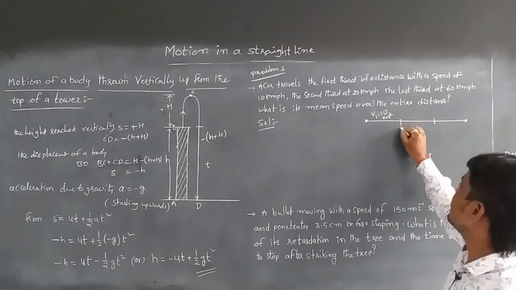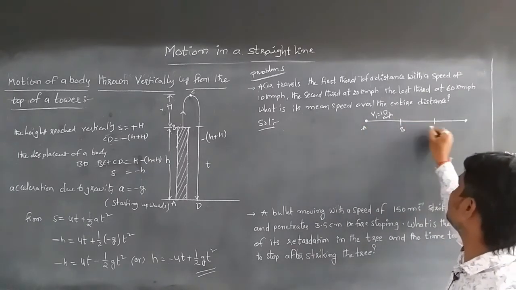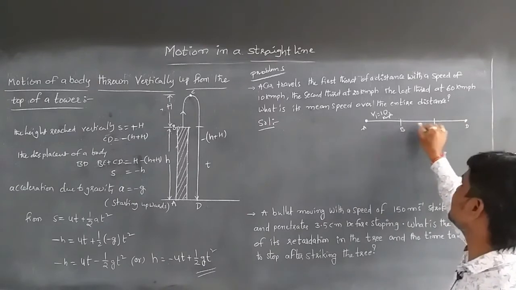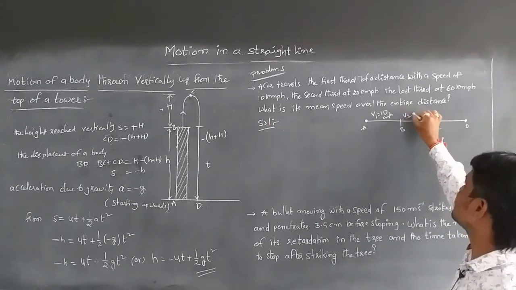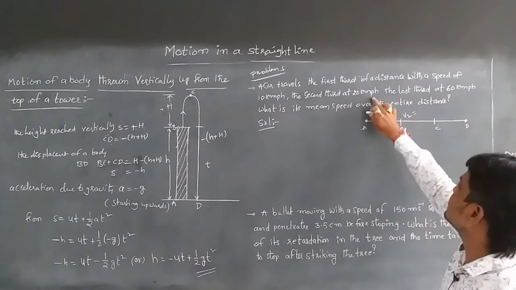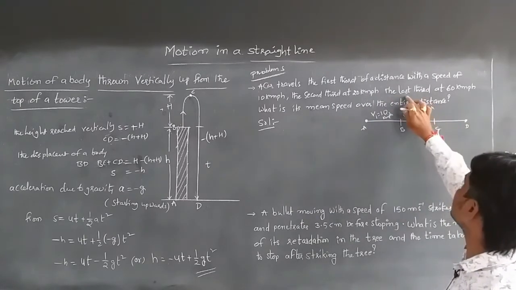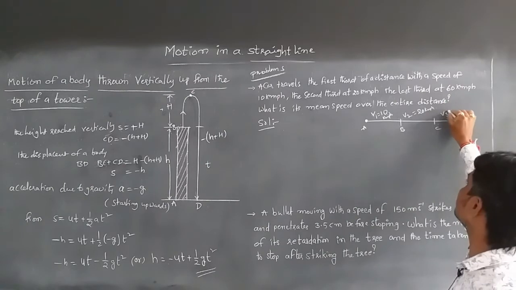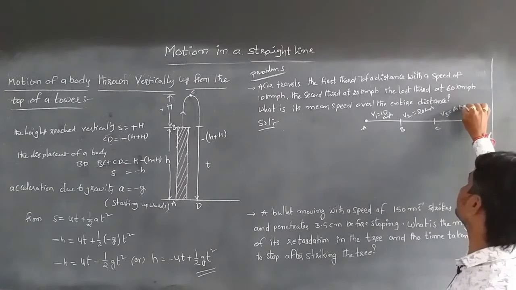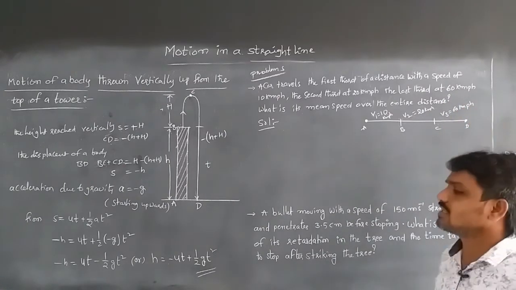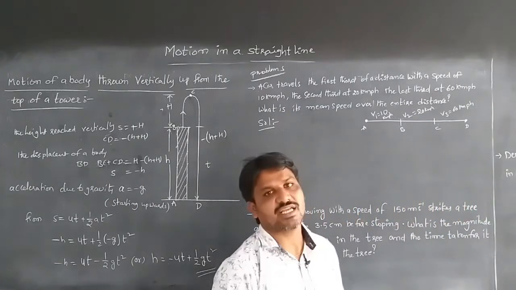Consider the points A, B, C, D. From B to C the velocity is v2, that is 20 km per hour, and the last third is v3 equal to 60 km per hour. So the v1, v2, v3 values are given.